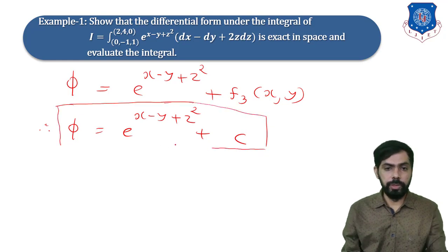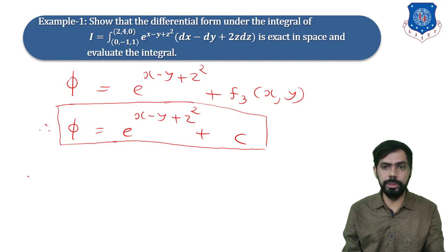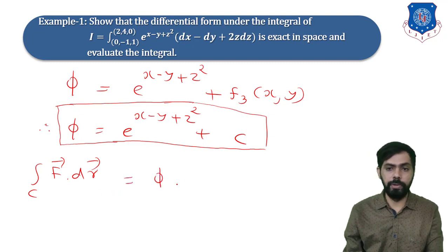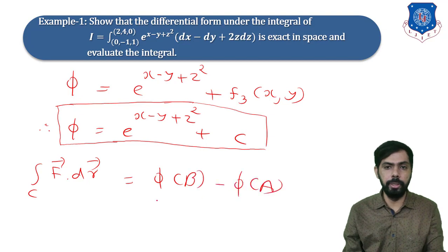Clear? Now as we have to evaluate this integral, we have already discussed that integration f dot dr over curve C is phi b minus phi a, where b is final point, a is initial point.